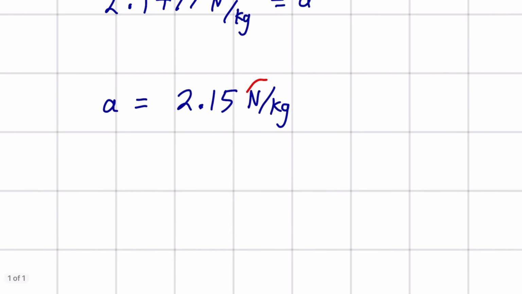And the units, remember, are newtons per kilogram. But these aren't the units I want to leave it in. So what's a newton? Well, a newton is a kilogram meter per second squared. So I'm going to write this per second squared like this, and then this kilogram is also going to be written on the bottom.